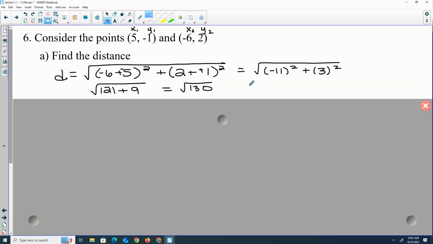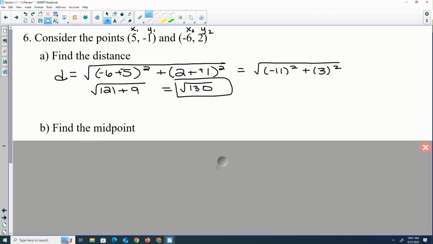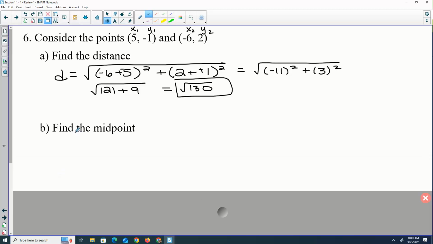What should you always verify at this point? If anything will go into it. This one is not divisible by any perfect square, so that would be my answer. But if it was, you do have to break it down. A midpoint, so that's on the board. You add your x's divided by 2, add your y's divided by 2.